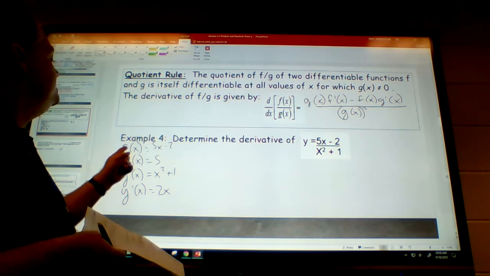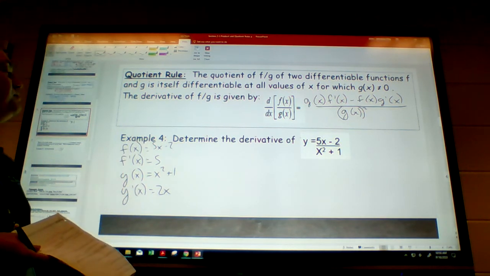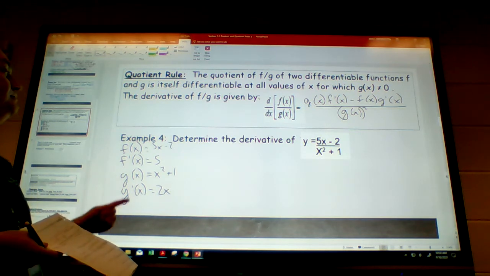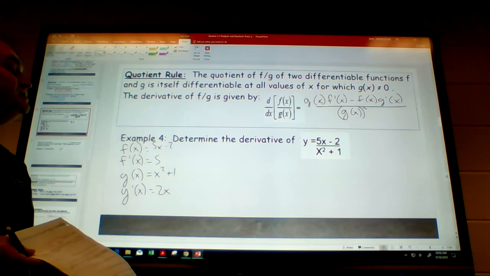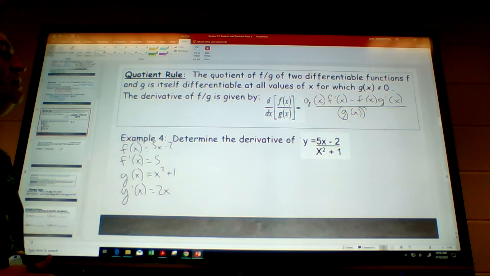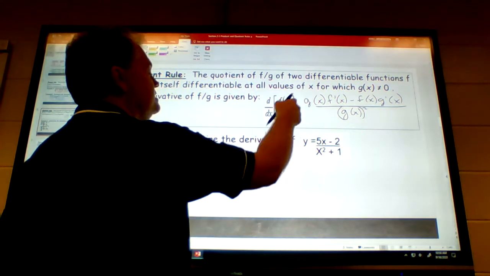Okay, I went ahead and separated out. f of x is 5x minus 2, and f prime of x is 5 from that. g of x is x squared plus 1, and g prime of x is 2x. So all I have to do is plug these components into that expression.